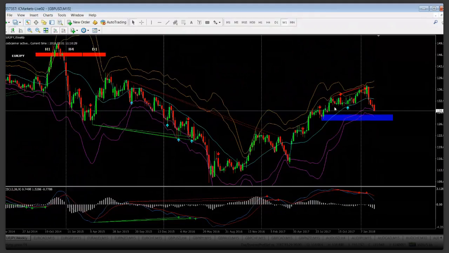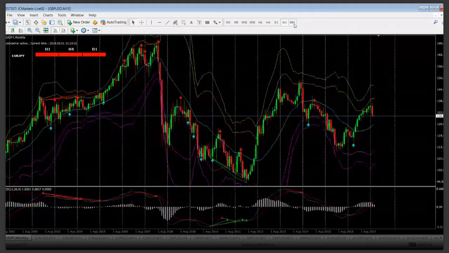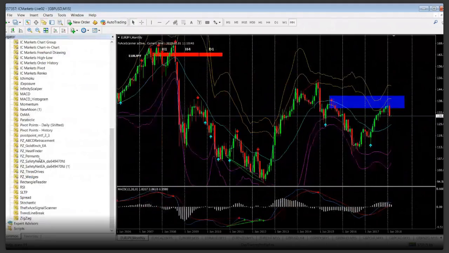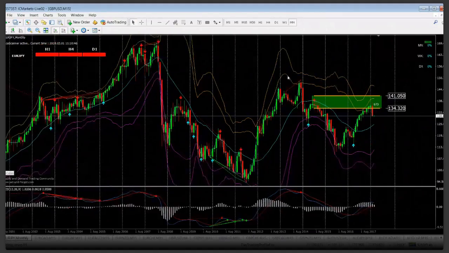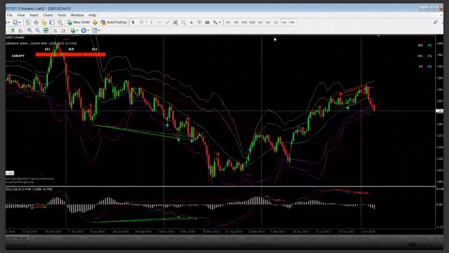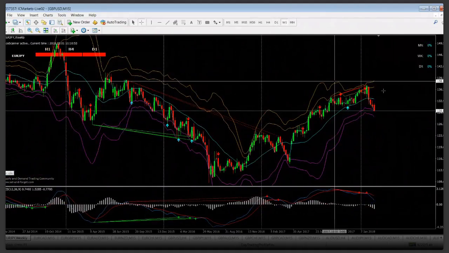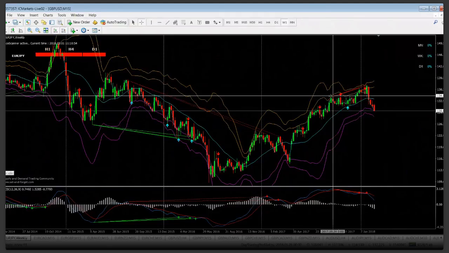Once I come into this, starting to come out of this area here on the monthly, a rectangle tool. See this area in the monthly here. Went all the way up to 137, and we actually got a sell signal.